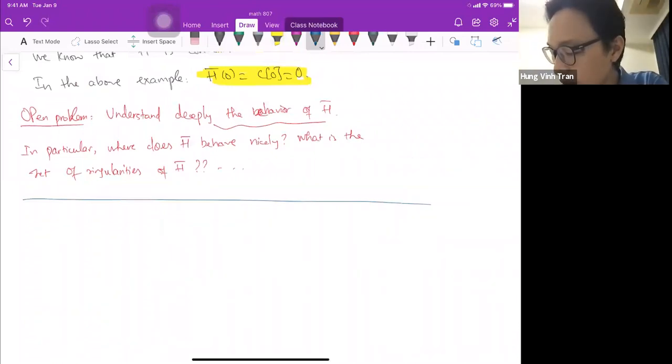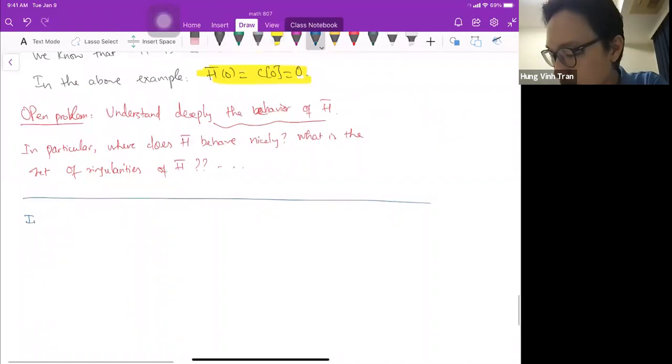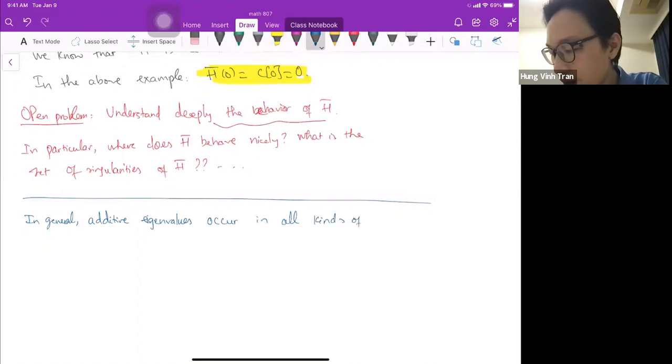Okay, yeah. So let me put it this way. In general, additive eigenvalues occur in all kinds of nonlinear elliptic PDE that have a maximum principle.